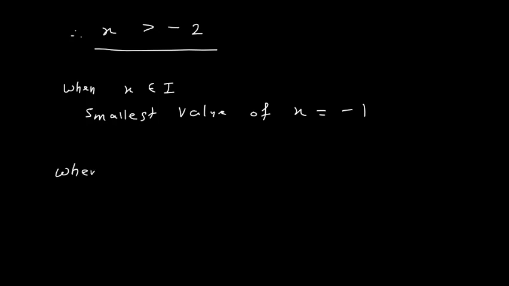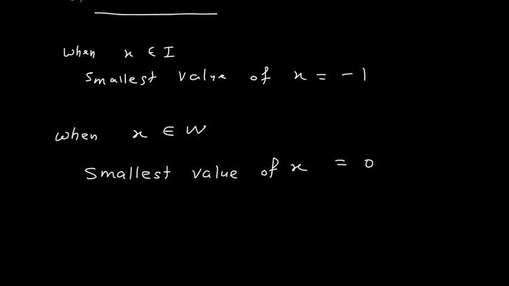Second, when x belongs to whole number, then the smallest value of x is 0.